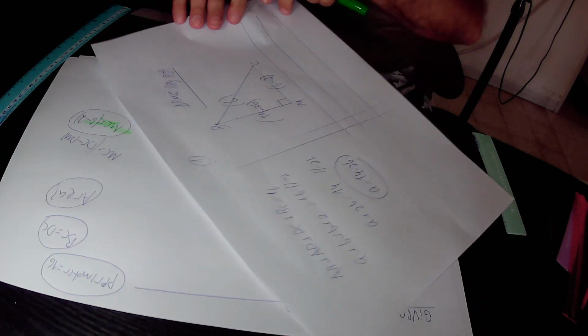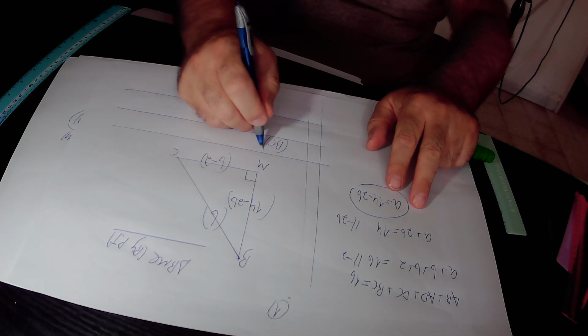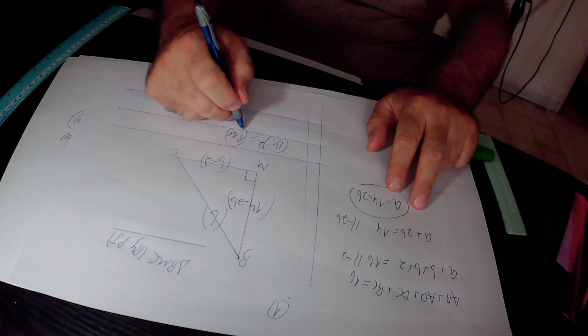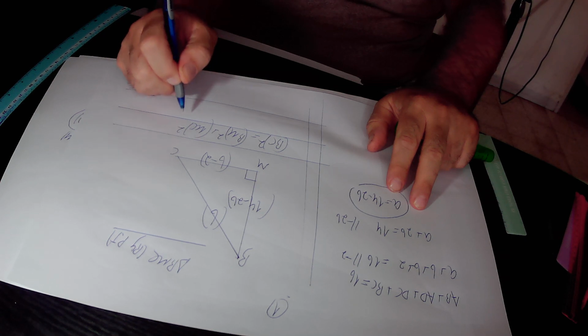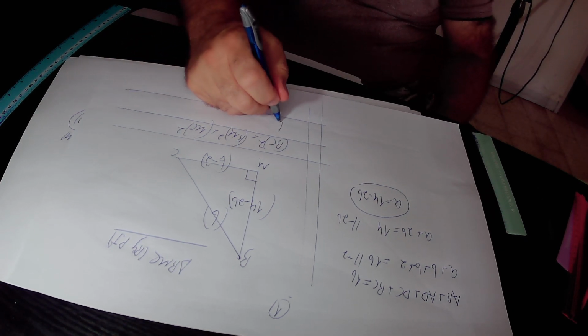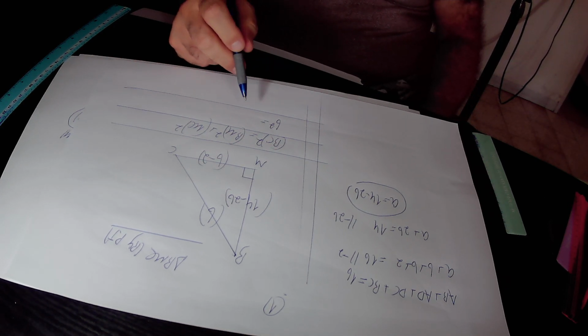BC squared, that is the square of the hypotenuse, is equal to BM squared plus MC squared. BC is b, therefore BC squared is b squared, and it is equal to BM squared.